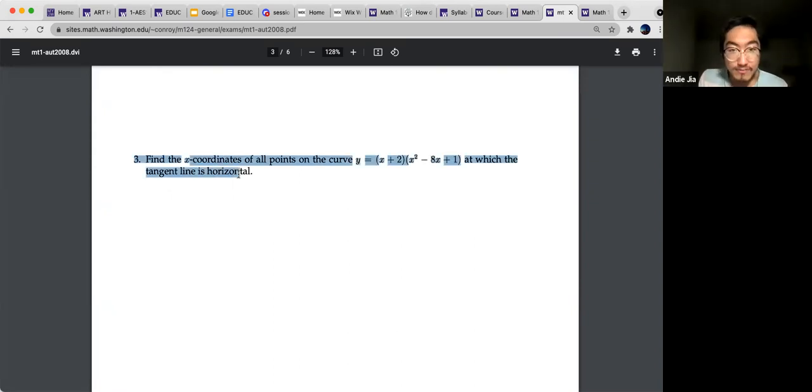For this one, if you ever see a horizontal tangent line, what does this mean? What does the horizontal tangent line mean? The derivative is 0. They have all the parentheses here, so use the product rule.